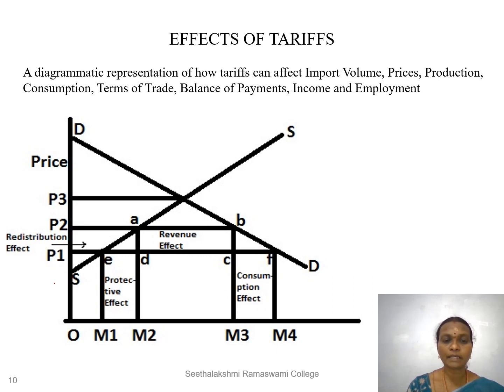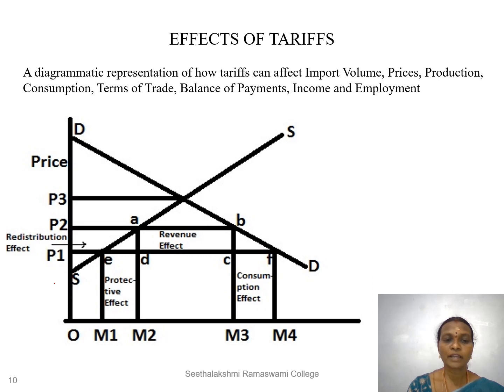So M1, M2 quantity of goods has been increased. At this price, they are able to increase this much of goods, that is M1, M2. Now the domestic industry is able to earn a profit of SAP2. So from this small triangle, the producer is able to gain more profit.